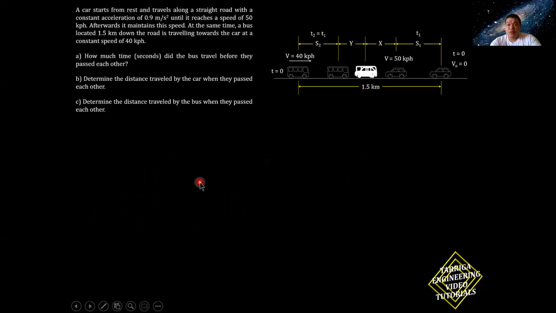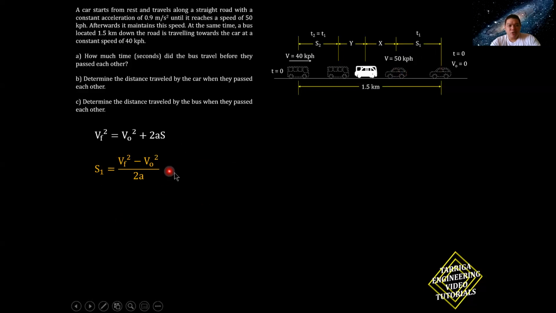So by using the formulas and the principles that we discussed in the first video, let's use them here. Okay. Focus first on the car. Let's solve for S1 and T1. We can get that. Remember that we have the given final velocity and initial velocity. So by using this one, final velocity squared is equal to initial velocity squared plus 2AS, we can have a formula in terms of S. Let's say S1, this is what the car traveled from this point up to this point.